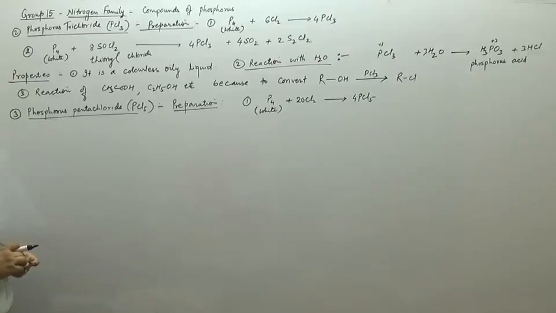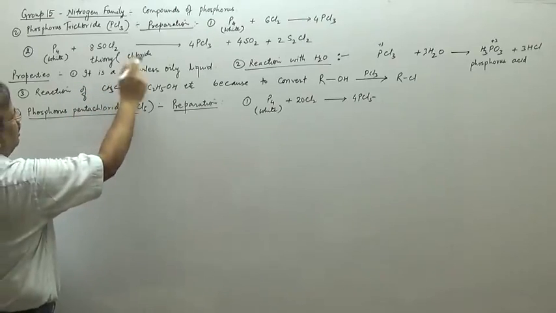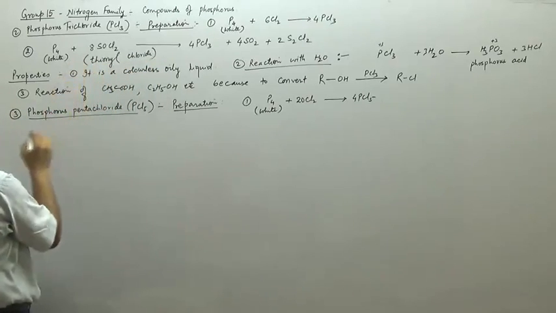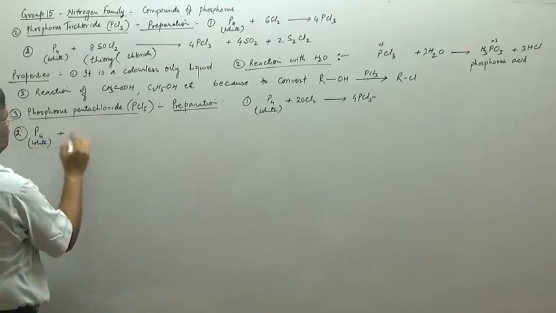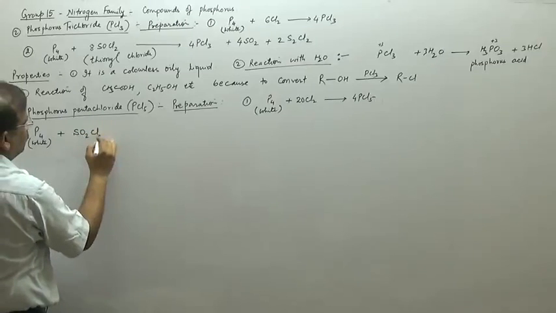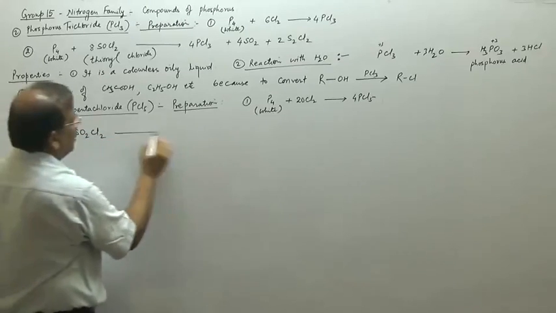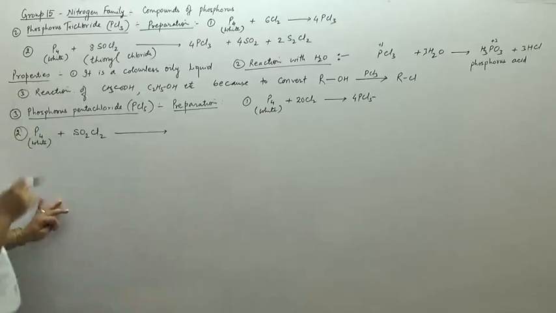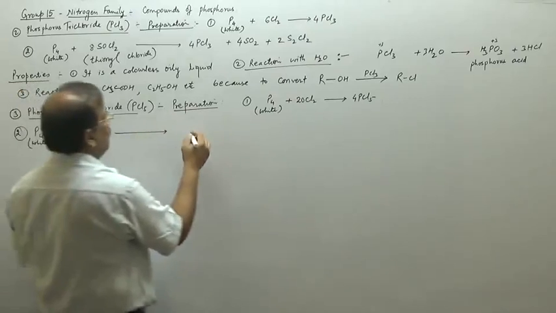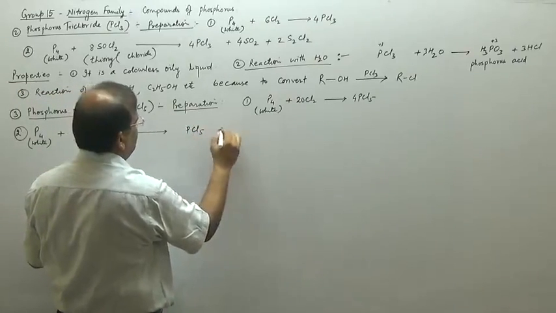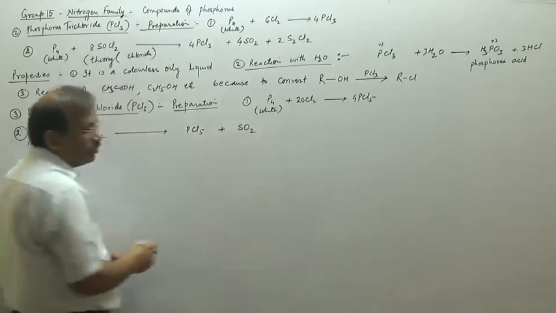Now the other method for the preparation is, as I have told you, that this is thionyl chloride, so now I'm going to use sulfuryl chloride. When white phosphorus P4 is treated with sulfuryl chloride, SO2Cl2, we get PCl5 plus SO2 as the only product.